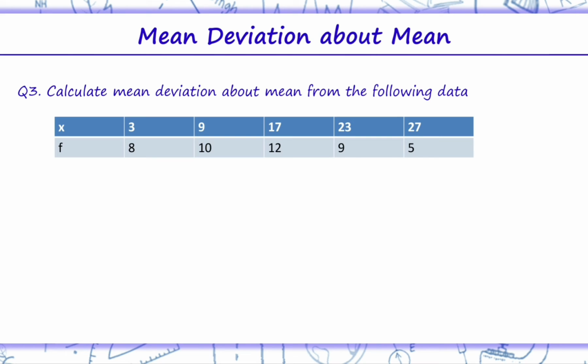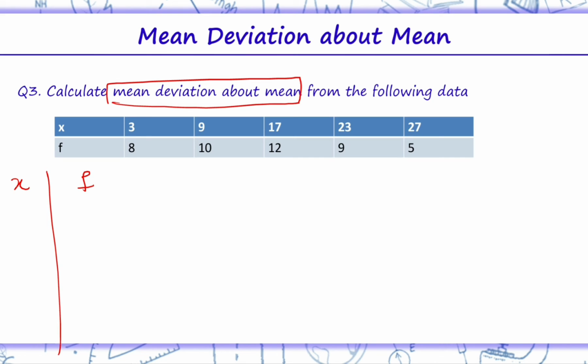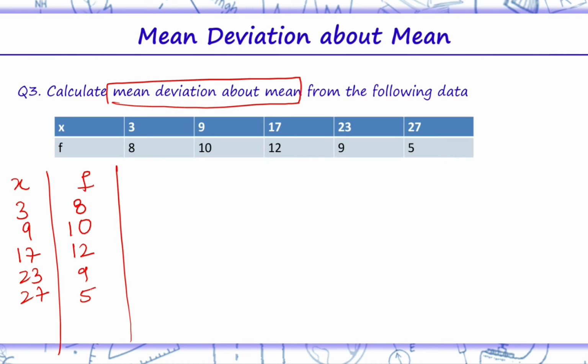Coming on to the question part. Here we are provided with x and f. First of all we have to calculate the mean deviation about mean. So I'll write the data like this, x and f. x is 3, 9, 17, 23, 27. f is 8, 10, 12, 9, 5.